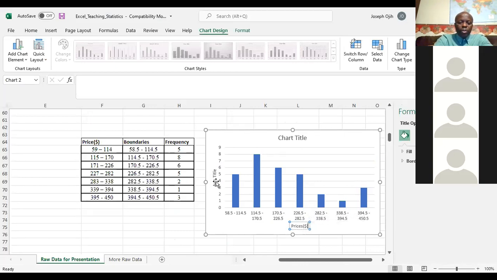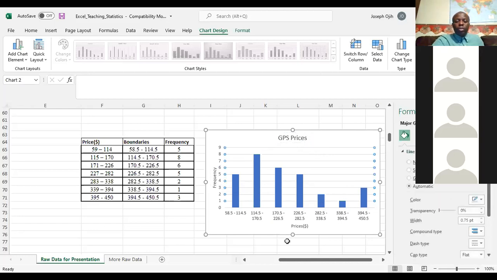And this is the number of GPS, that is number of, you can call it frequency. Okay. This way you can change the title to GPS prices in dollars.